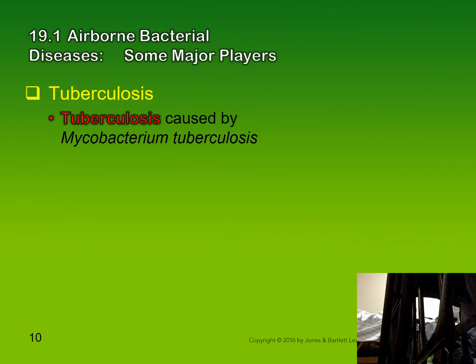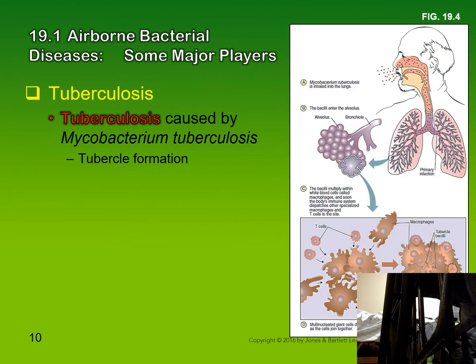Tuberculosis. Tuberculosis is caused by the bacteria Mycobacterium tuberculosis, and you again breathe in the mycobacterium, and it will settle into the air sacs in the lungs, and then a very massive infiltration of white blood cells comes in there to try to get rid of the bacteria.